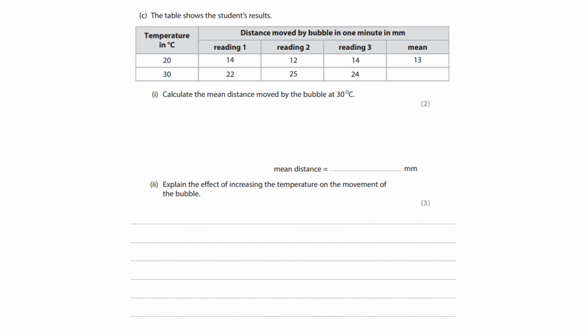Okay, the table shows the students' results. We have our temperature 20 and 30. We have reading 1, 2, and 3, and we have the mean. Now calculate the mean distance moved by the bubble at 30. Okay, so remember for the mean, we add and divide. So we have 22 plus 25 plus 24.